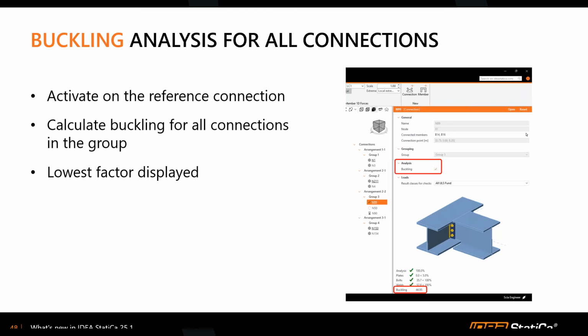So this will now further save you more time because you don't have to go through every single connection just to analyze buckling, but instead you just have to select from the group of connections, and you can perform buckling should you need to. And of course, when you display the result, the lowest load factor would be displayed in the outcome of the analysis.